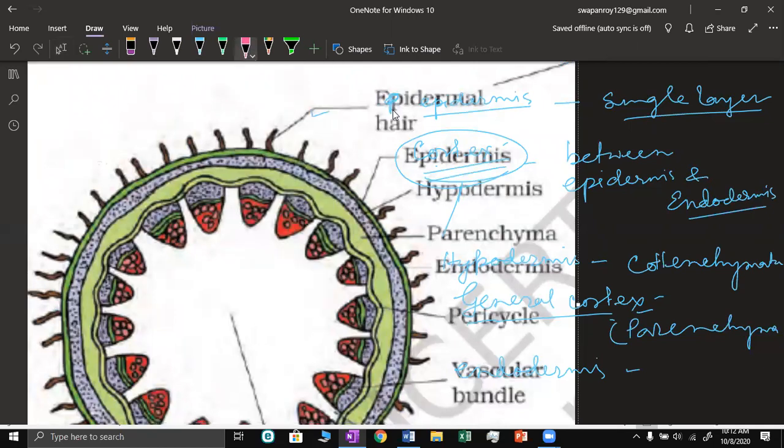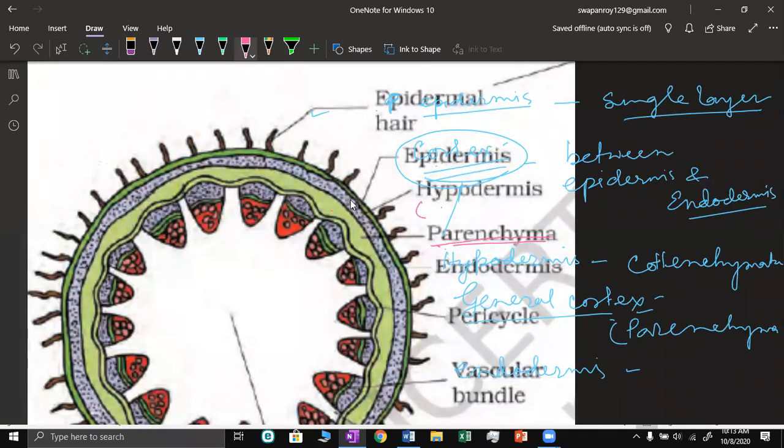Here this is the epidermis, a single layer. Inner to this is the hypodermis, which is collenchymatous, and the green portion is the general cortex made of parenchyma cells.